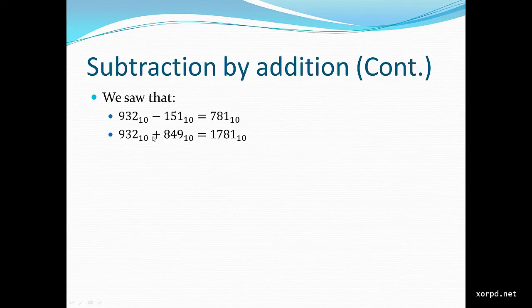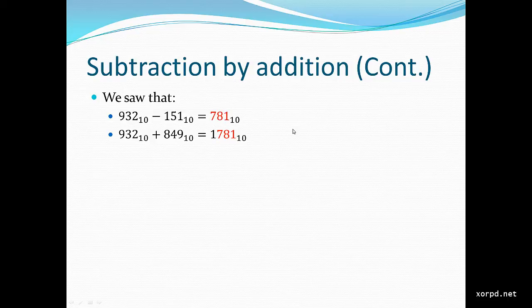We also saw that adding those two numbers, if you remember, we obtained this number 849 from the original number 151 by subtracting from 1000. We can see the similarity here, that the only difference is this one.